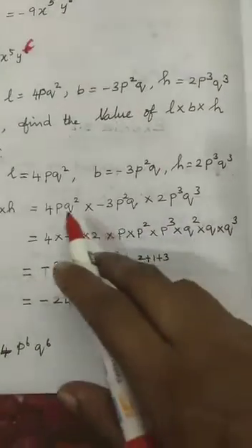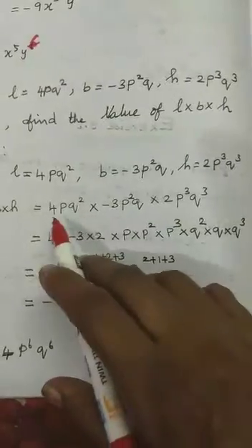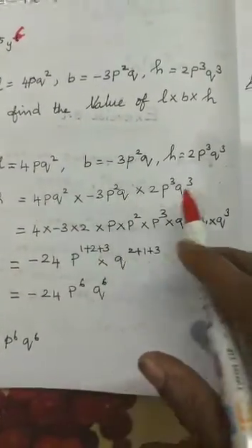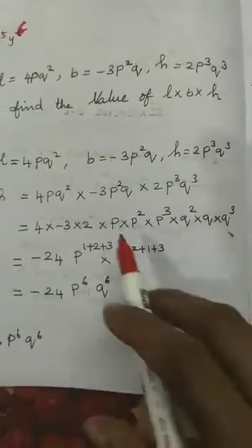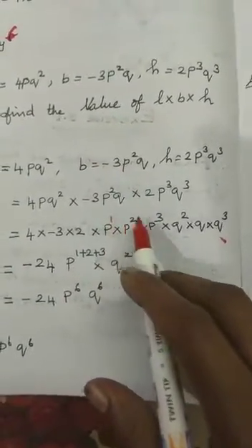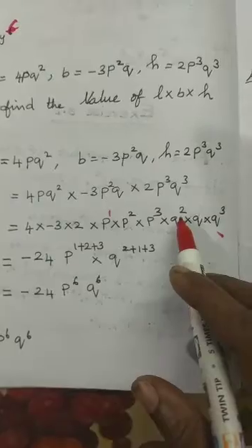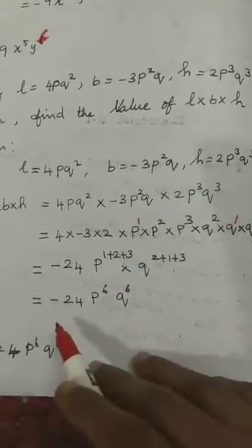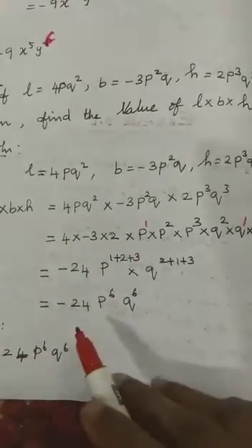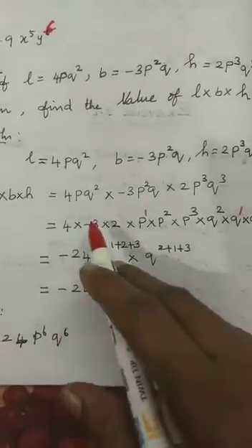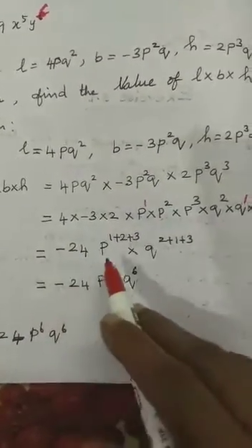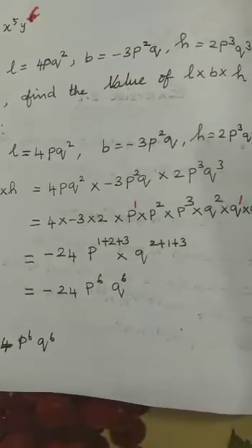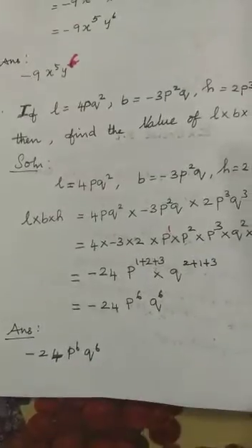Take the like terms together: p, p square, p cube, then q square, q cube. Okay. Now 1 plus 2 plus 3, then q 2 plus 1 plus 3. The answer is 4 3s are 12, 12 2s are 24, with the minus only. So you have to write minus 24 p power 6 and q power 6. So this is the answer.